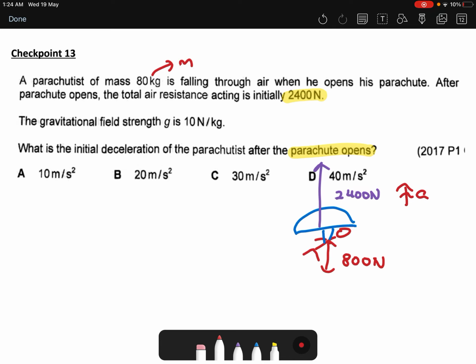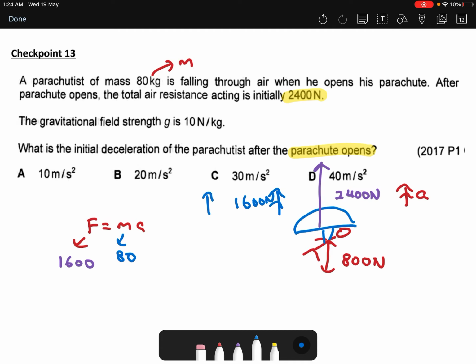Same thing, F equals ma. My resultant force is upwards, but I don't know the magnitude. I can calculate 2400 minus 800. If you calculate correctly, you should get 1600 Newton upwards. The mass of the parachutist is 80 kg, so the deceleration will be 20 meters per second squared.